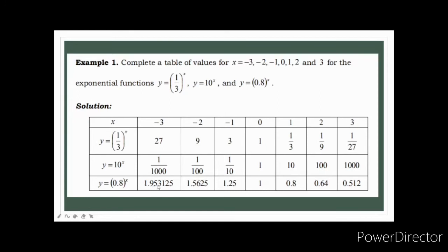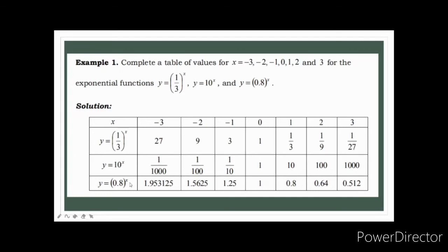Since our exponent is negative 3, all we have to do is get the reciprocal, that is 1 over 0.8 raised to positive 3, so we get 1.9531.